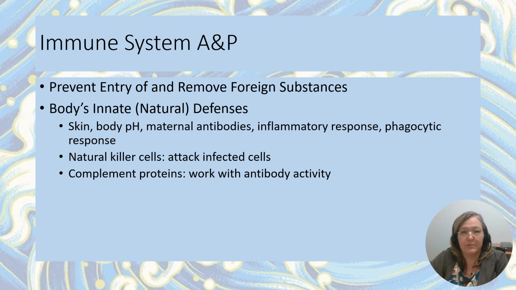You have your inflammatory response, which is usually mediated by macrophages, and you have your phagocytic response from your white blood cells. You also have natural killer cells, tumor killing cells, and you have the memory of those antigens that the cells have come in contact with before to help you fight off disease faster. Also, complement proteins in your body work with the antibody activity to help with that memory.